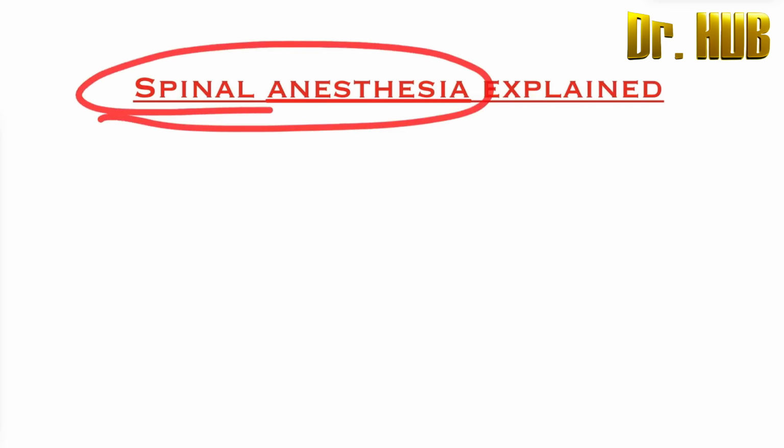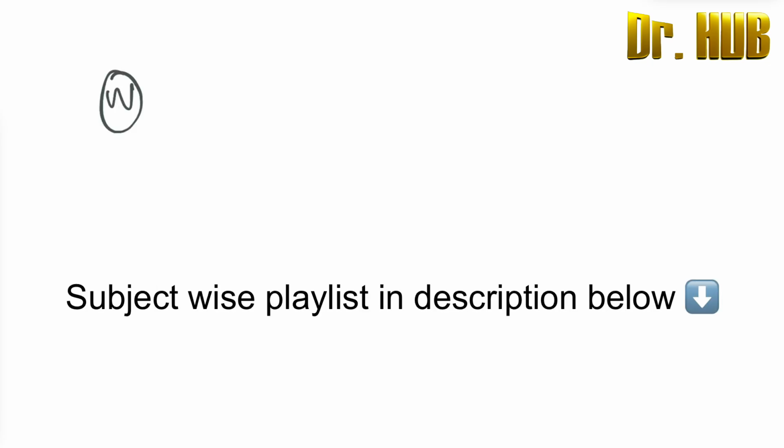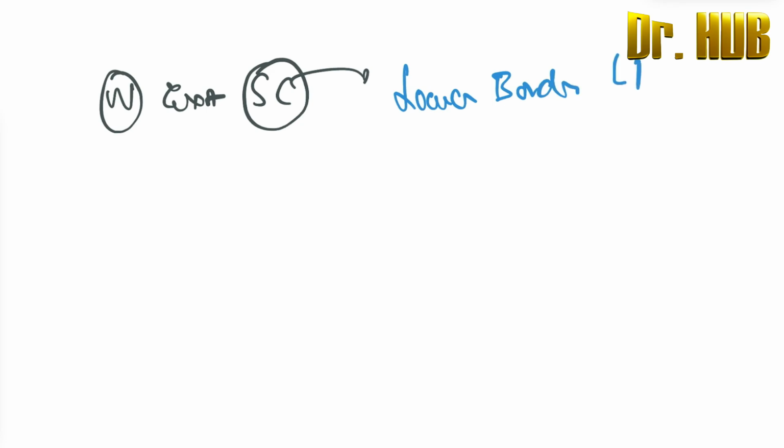We are going to explain spinal anesthesia. The first are some basic points, that is the normal extent of the spinal cord, SC. The normal extent is the lower border of L1, seen in adults.